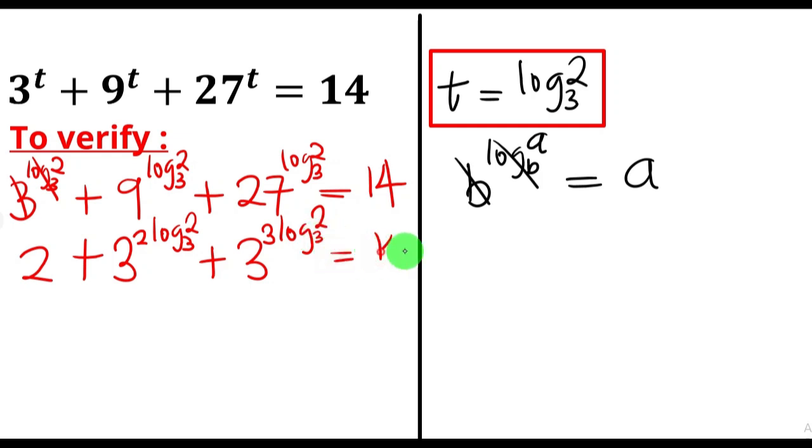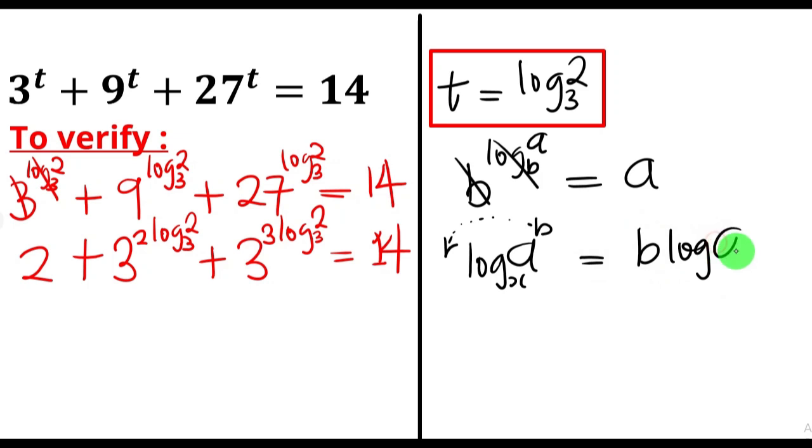Let's see if we're going to end up getting 14 or not. This 2 is going to come to the power of 2 here according to the logarithm rule. That is, if we have, let's say, log of a to the power of p base x, this power is going to come to this place, which is p log of a base x, and vice versa. The p comes here to become a power.